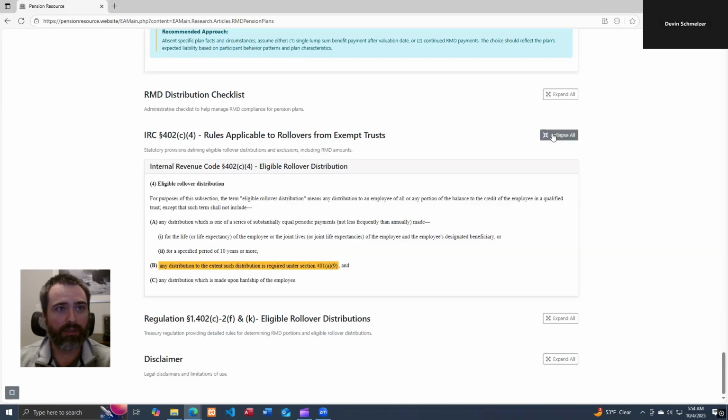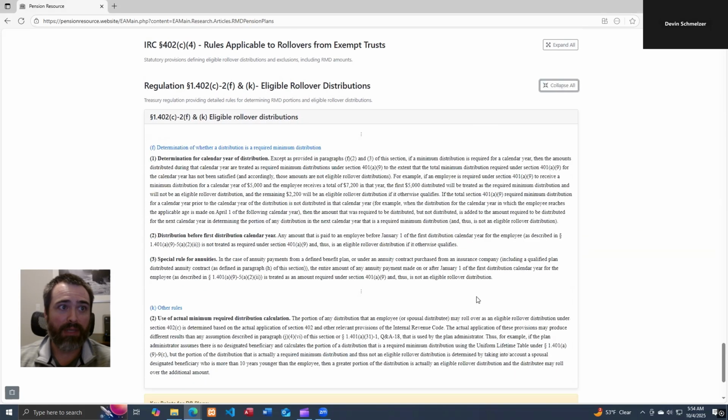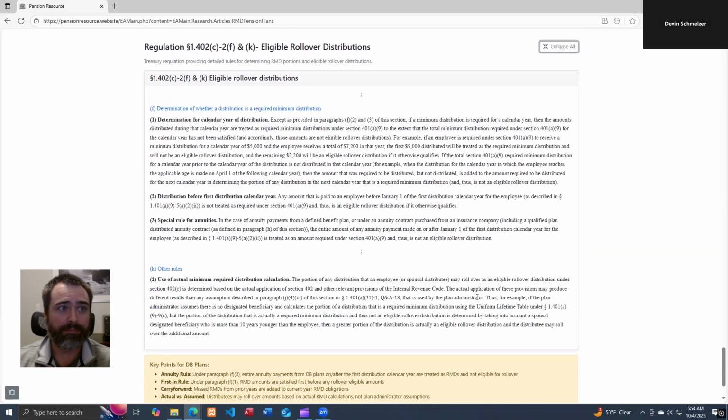Going into regulation 1.402(c)-2, paragraph B provides some supporting details. Paragraph F1 adds that when distributions are paid, you first have to satisfy required distributions for the year. Then you can consider rollovers.